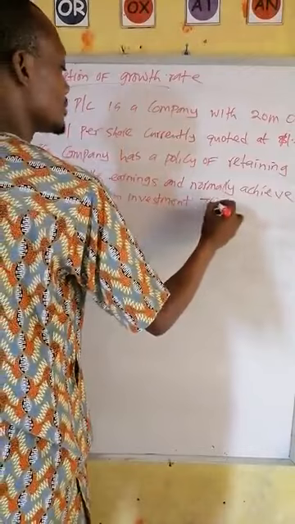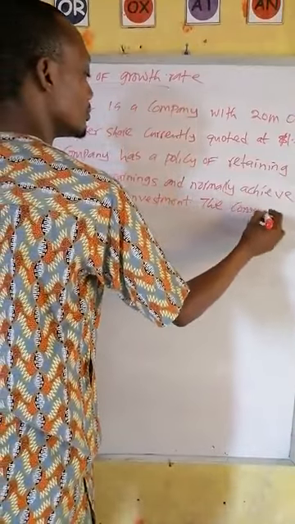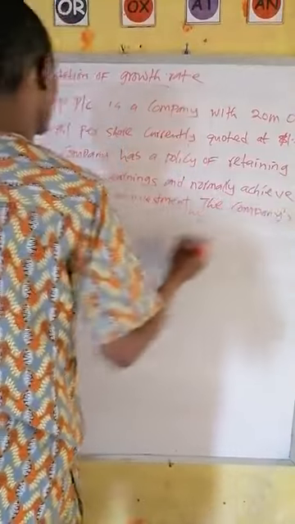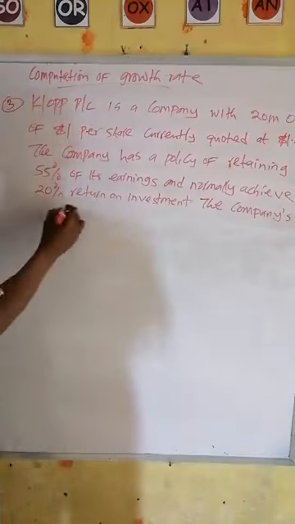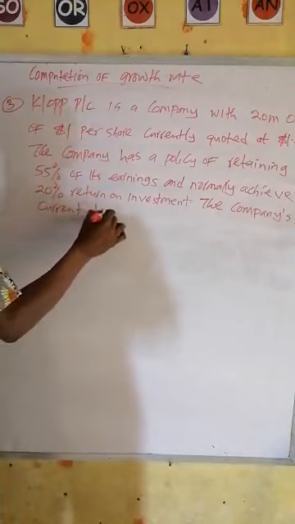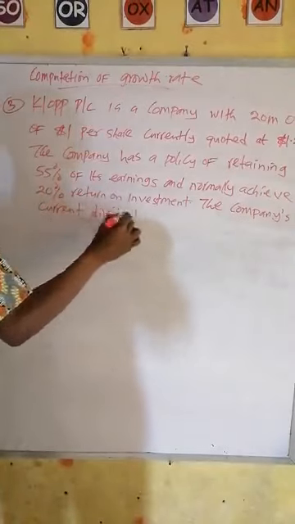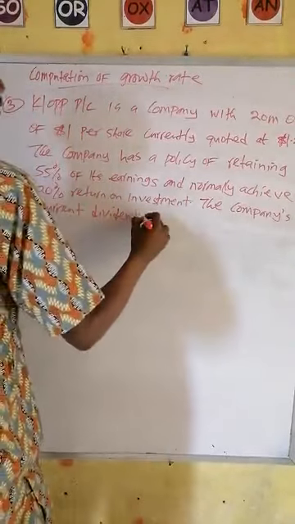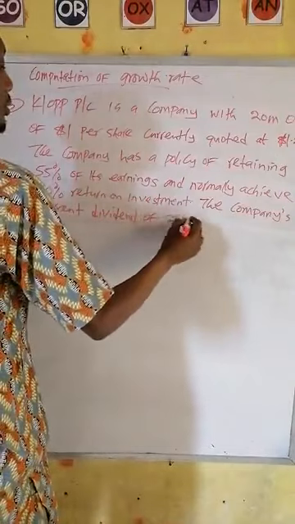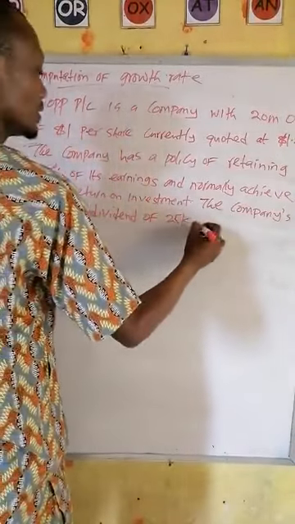The company's current dividend of 25 kobo was paid recently.